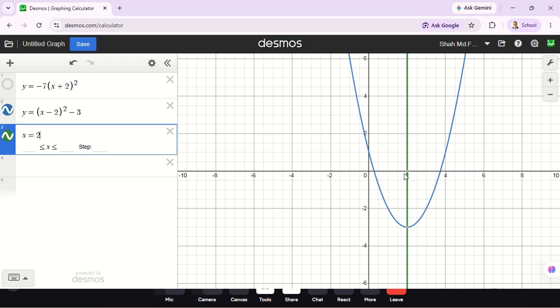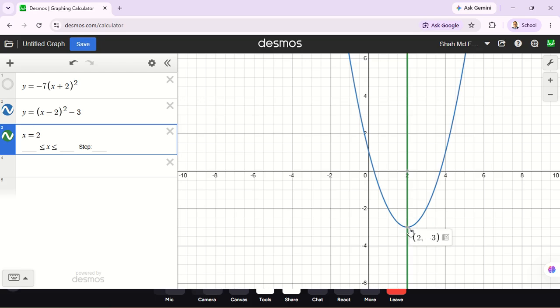That is the equation of the axis. That means here x minus 2 equals 0. If we consider x minus 2 equals 0, then we get the equation of the axis.